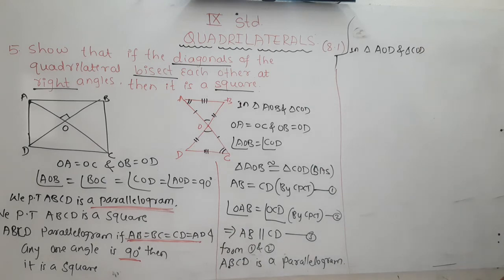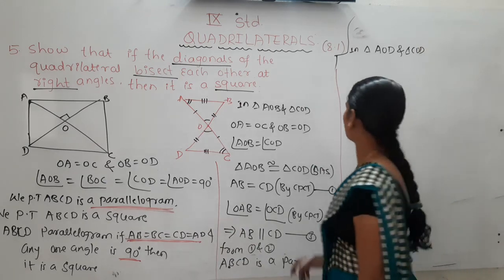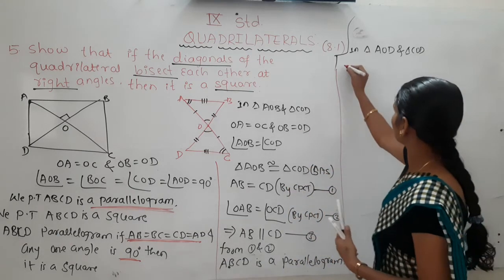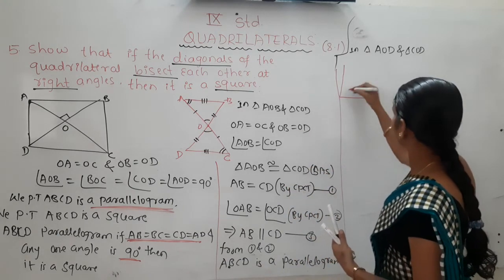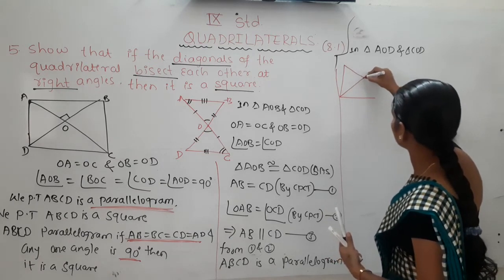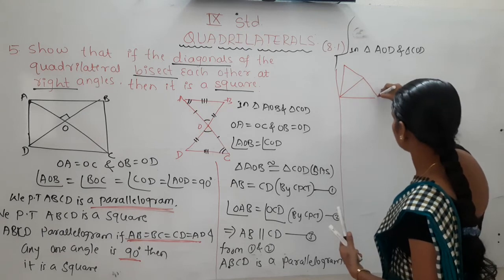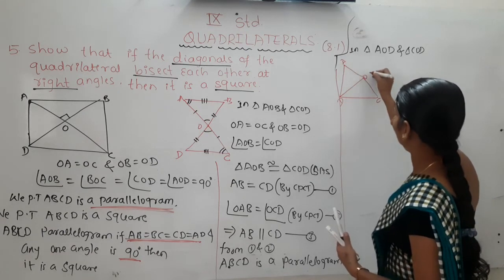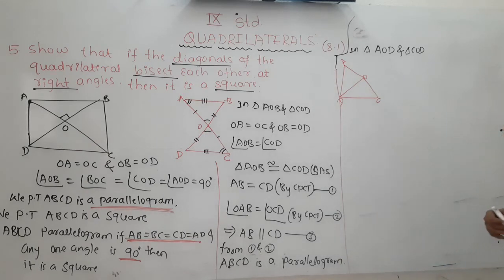Just observe here, in the same already. Otherwise take a related picture. Yes, this is triangle AOD and this is triangle COD.